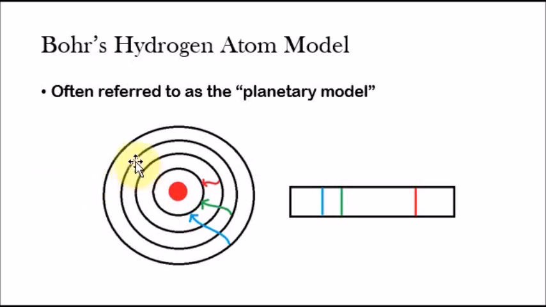So Bohr thought that for a hydrogen atom, you're going to have, again, the proton, but then you're also going to have these energy levels. If you look at the first ring here, the second ring here, the third ring here, and the fourth ring here, these are all what he called energy levels. Let me write that down for you.